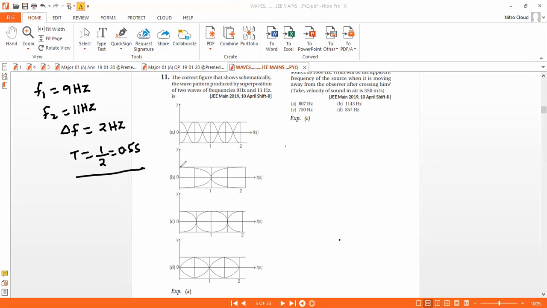For example, firstly we'll start. The time period means to complete a wave, from here to here. Here the time period is one second.